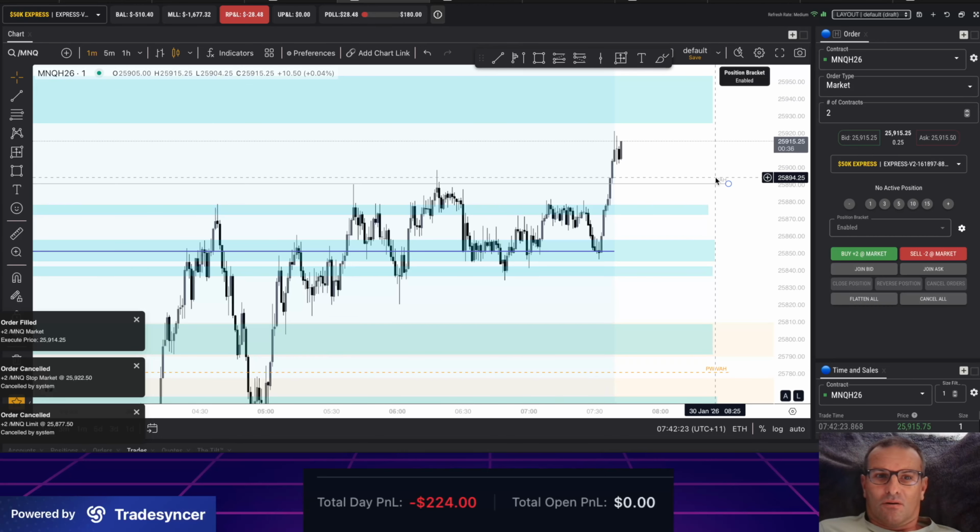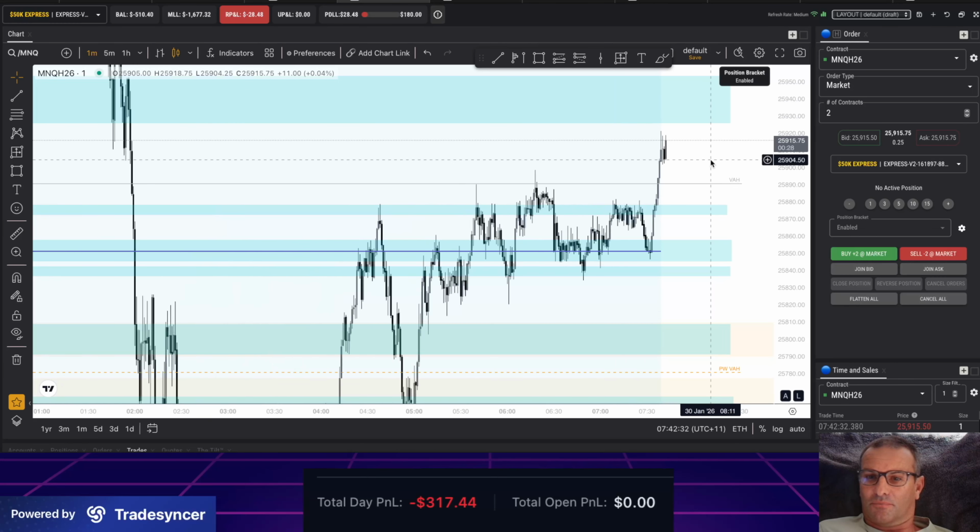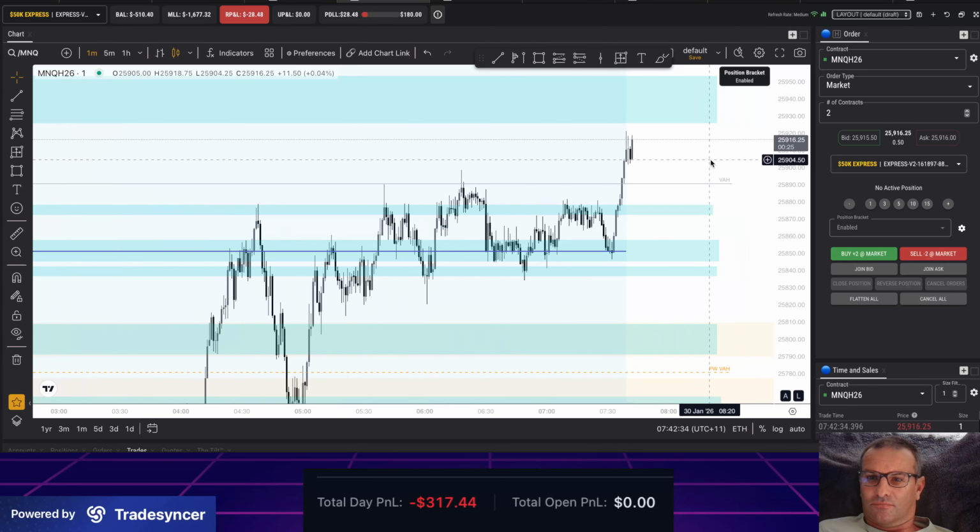Order filled. It's going up with this last tap of this node, I think, up here. So that was risky. But hence why I closed it early.